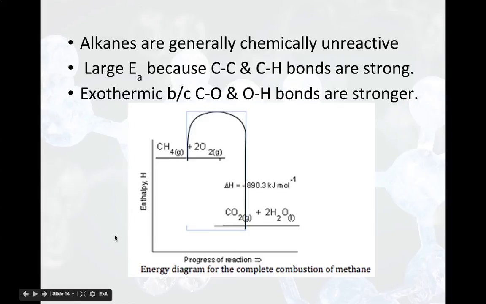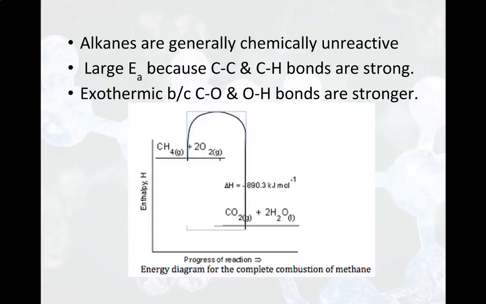And when we're looking at a combustion reaction, the only reason that it's occurring is because we have something that overcomes the large activation energy. Remember that a capital E lower subscripted A means activation energy. That large activation energy has to be overcome, and then we actually get stronger bonds in our products.